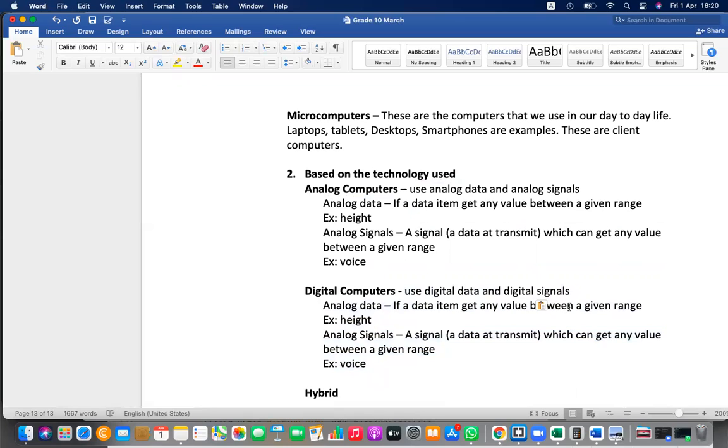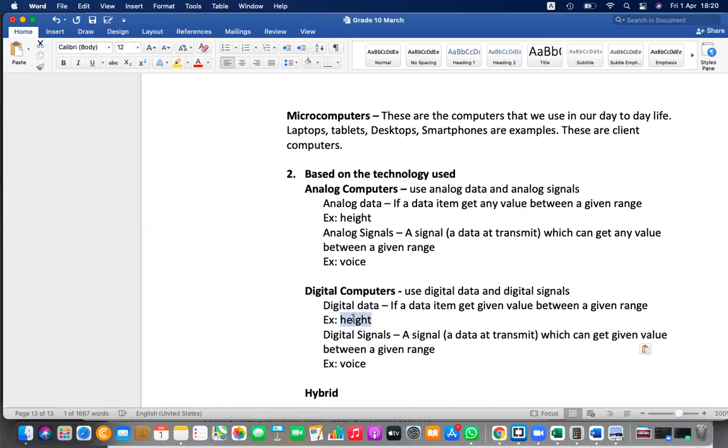It can take a given value, not any value, within a given range. That is digital. A digital signal is a signal which can get given values within a given range.